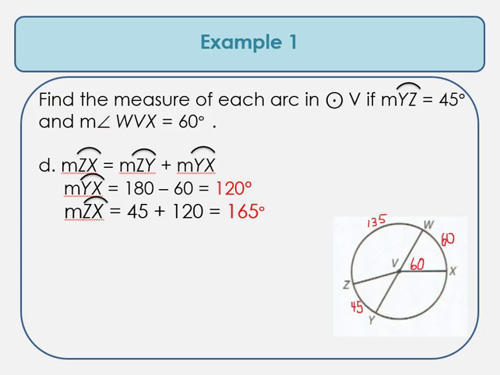So I'll go ahead and write that in right now, and which is 120 degrees. And ZX will now be equal to the total of 45 plus 120, which is 165.